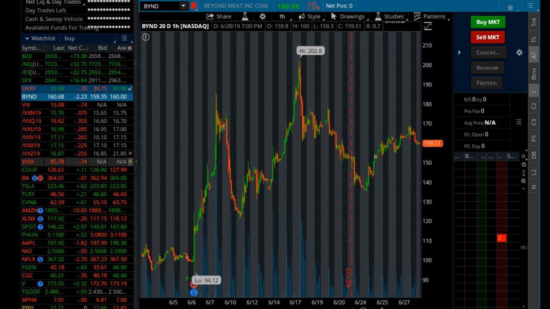The all-time high being 202 here, and I picked September. That way I can benefit not only from the stock staying below 200, but also from a volatility crush, which I feel is coming. Because if you look at the chart, this stock is starting to slow down.